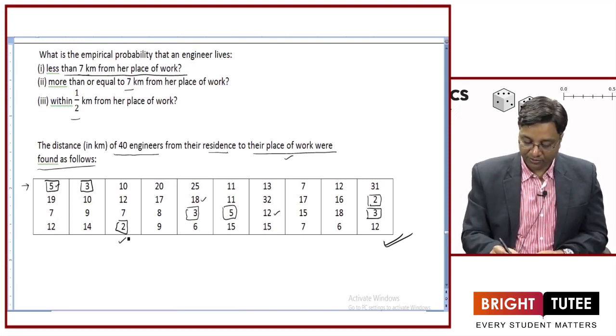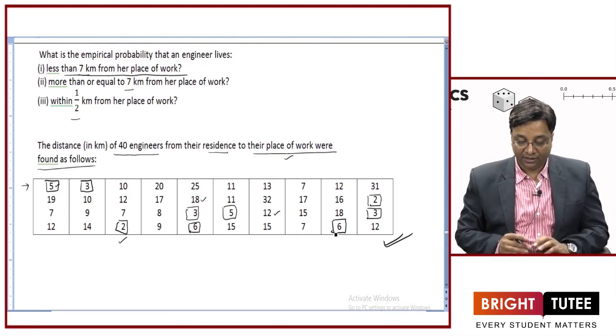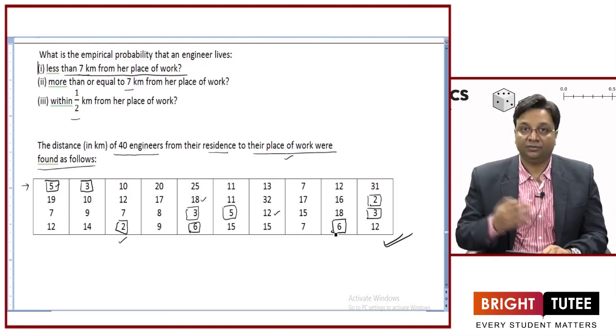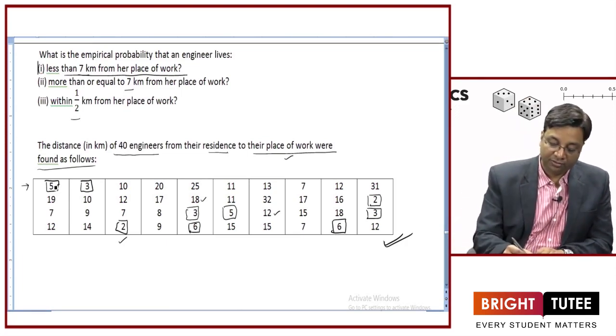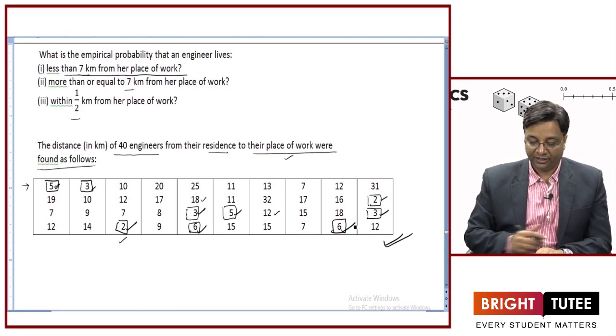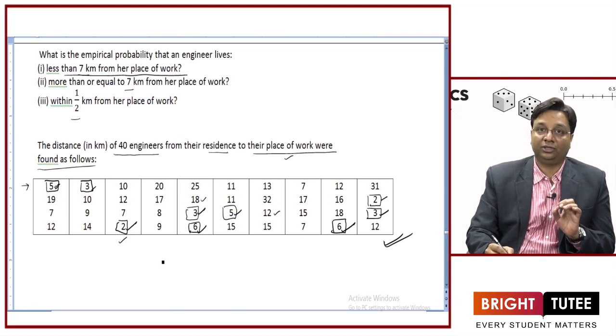In this row, this 6 again. So, these are the distances which are less than 7. How many are these? 1, 2, 3, 4, 5, 6, 7, 8 and 9. So, 9 engineers live less than 7 kilometers from their place of work.